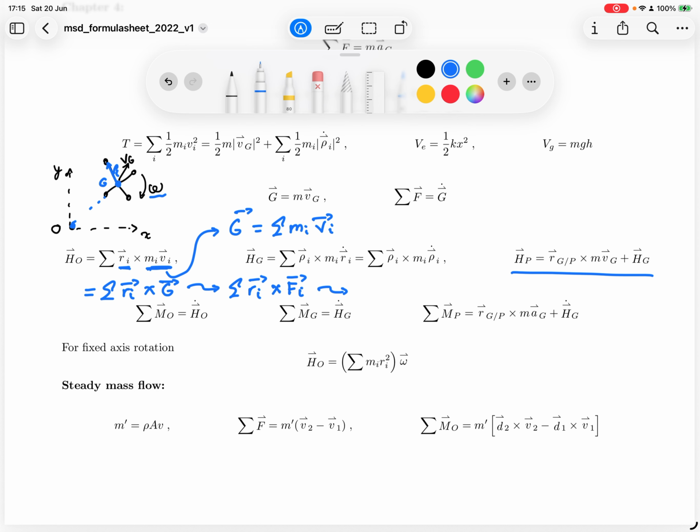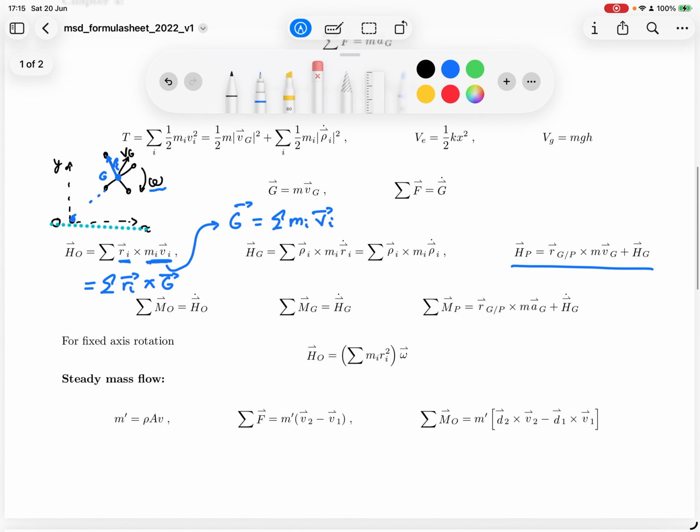Or put simply, if you have one force, you take its unit vector R crossed with its own force. So in this case, we're treating G kind of like a force. It's not actually a force, right? But we're treating it kind of like that, right?